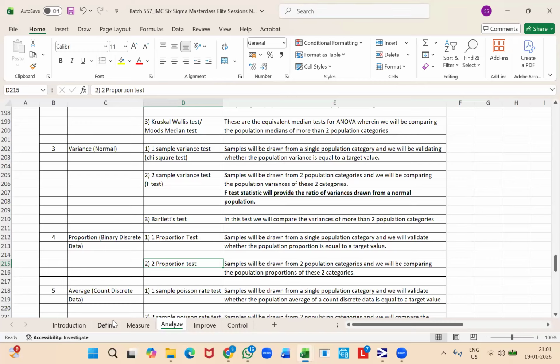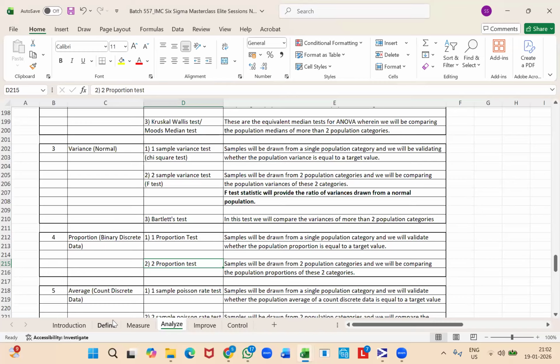You would need to perform this two proportion test, because defective proportion, as we all know, is again a binary discrete metric. When we inspect a sample unit, it can either be defective or accurate. So defective proportion is exactly opposite to the accuracy proportion, and will also be considered a binary discrete metric.